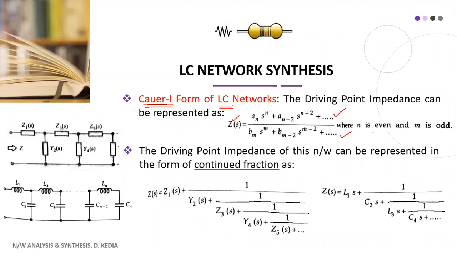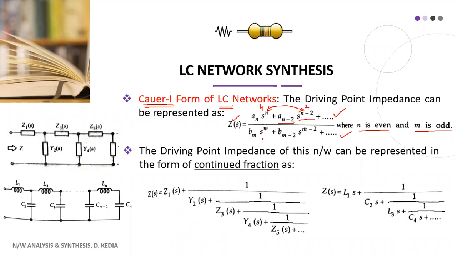So here you can see that your n is even and your m is odd. So in the numerator, we have s raised to the power n, then a(n-2) s raised to the power n minus 2. So you can see there is a gap of 2. That means these are your even power terms. Okay, so if n is 4, then this will be 2 and so on.